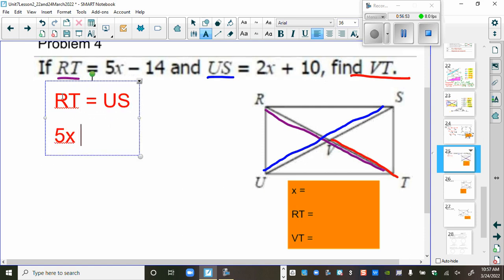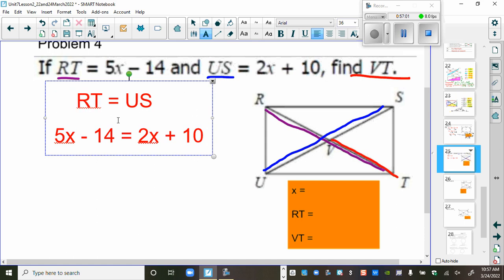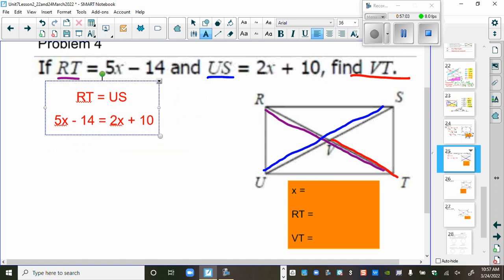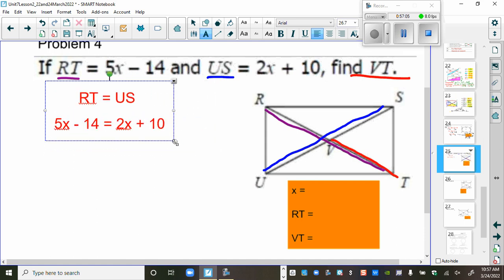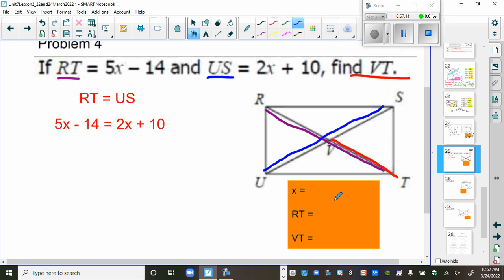So that means we can say 5x minus 14 equals 2x plus 10. And now are we at a point where we can solve for the x? Do it. So get your x, and then you're going to plug it in.